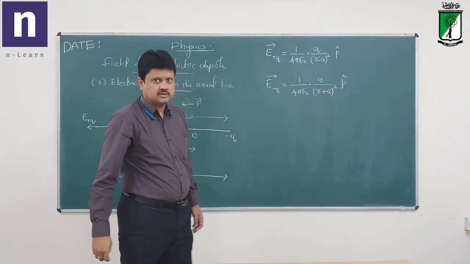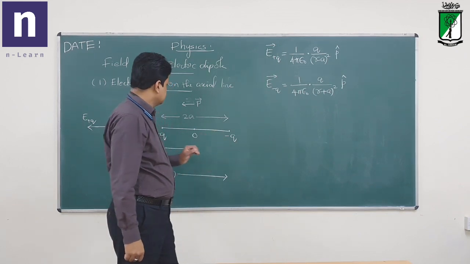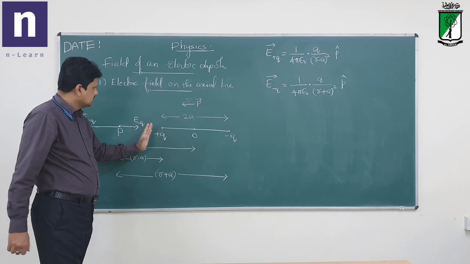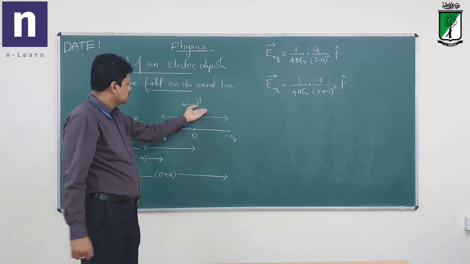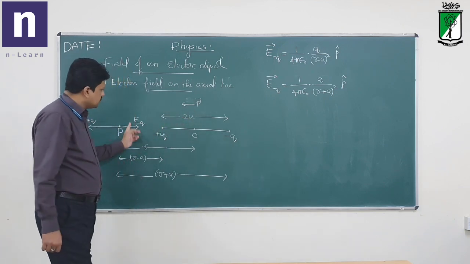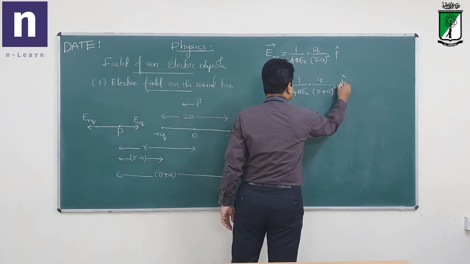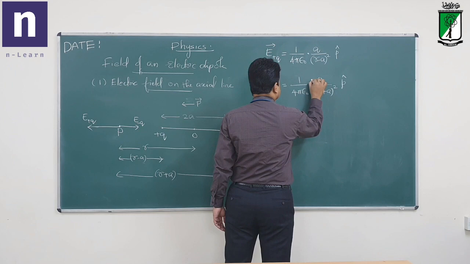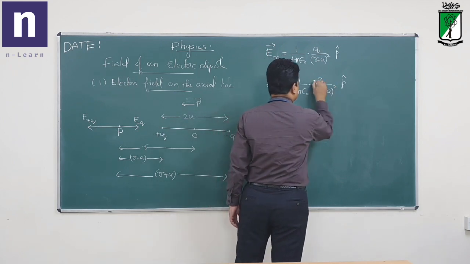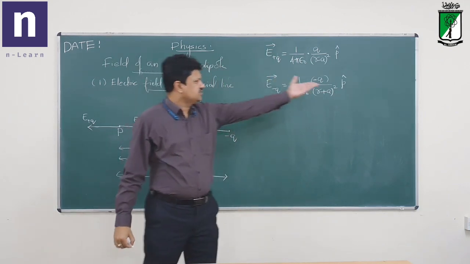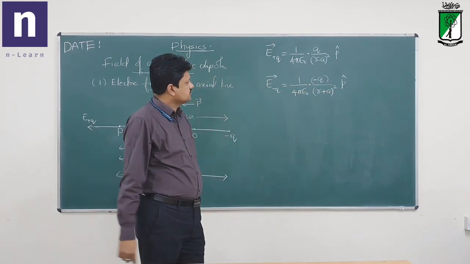Is it fine? Something is missing. That is direction. What is the direction of E minus Q? To the right. What is the direction of the dipole moment? To the left. So E minus Q is opposite to p. Therefore, I will put a minus sign with p cap, or I can put the minus sign anywhere here, it doesn't matter anyway.